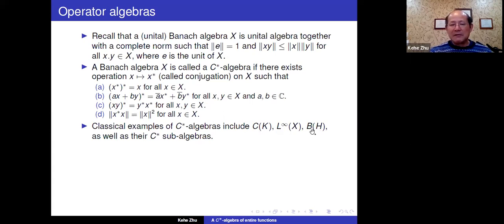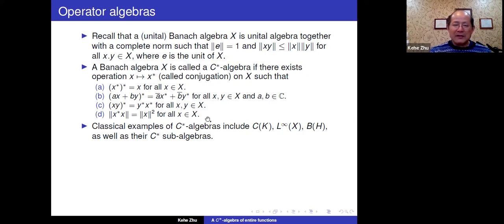Another very classical example is if you have a Hilbert space H and look at the space of all bounded linear operators on H, denoted B(H). You have the usual linear operations, since a linear combination of two bounded linear operators is still bounded. Multiplication is composition, so if you have two operators S and T, S times T simply means S composed with T. The star operation on B(H) is the usual adjoint of a bounded linear operator.